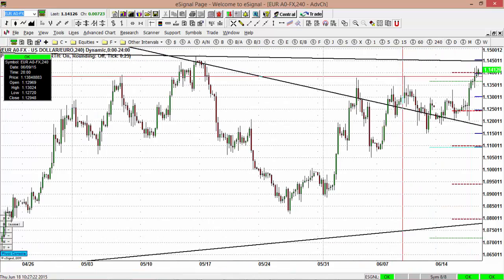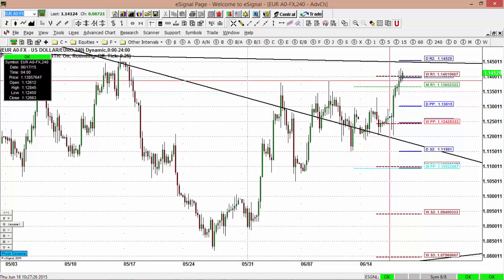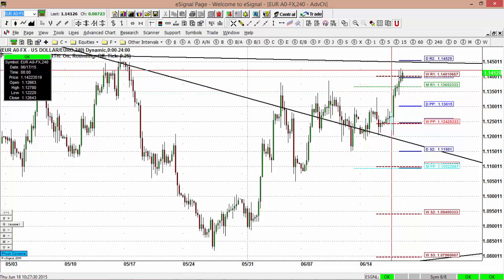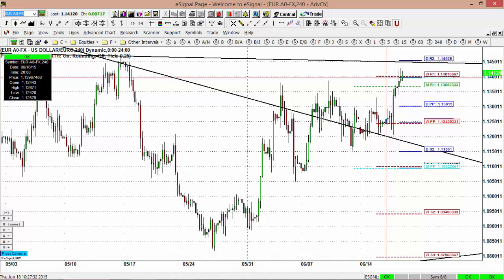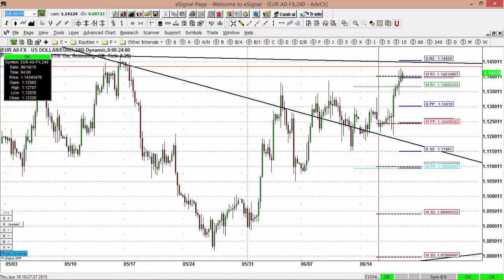On the short term, we are currently trading just above the monthly resistance number at 113.65, and the weekly R1 is at 114.01. And then this trend line resistance comes in at 114.50. So this entire area of resistance, you'll find sellers lined up, and it could act as resistance in the euro.